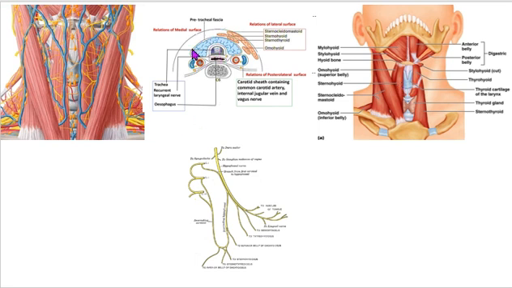If the pretracheal fascia is divided to expose the thyroid gland, the dissection is a very difficult and bloody procedure because below the true capsule the venous plexus is situated.